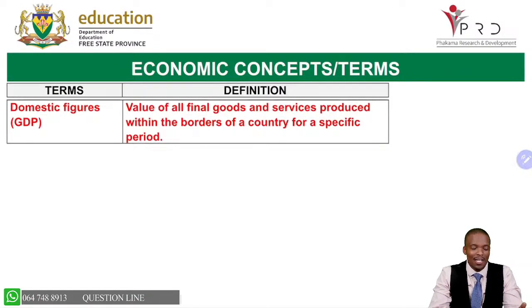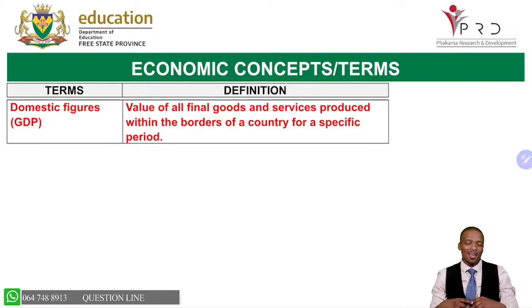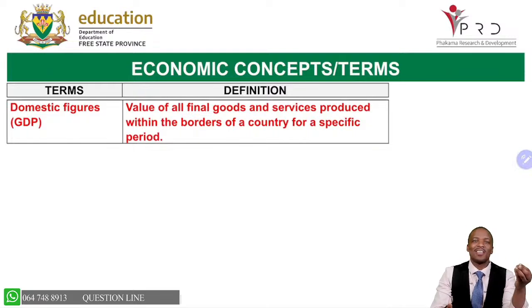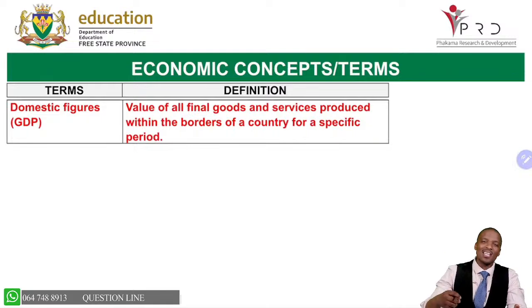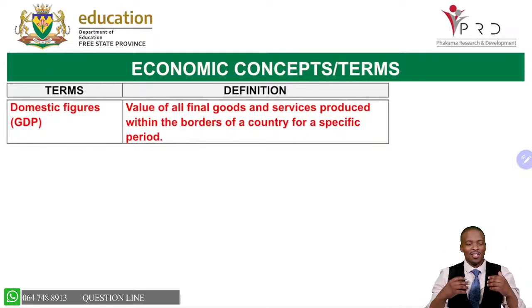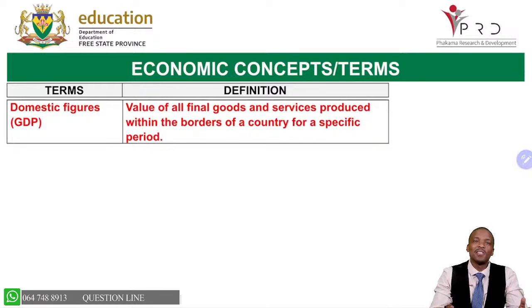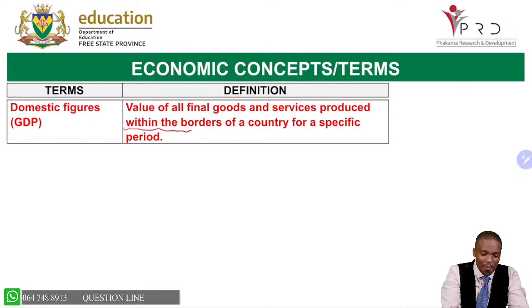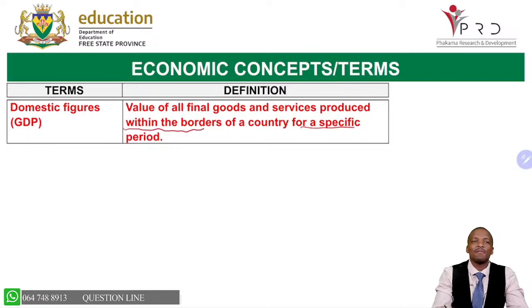Then we've got what we call the domestic figures, or they are well known as GDP. Very funny enough here, when you ask a person, what is GDP? They say gross domestic product. Then you ask them, what is gross domestic product? They say GDP. We don't want the abbreviation, but the description, the concept, the definition. So it is the value of all final goods and services produced within the borders of a country for a specific period.